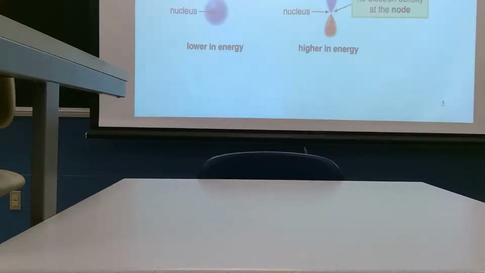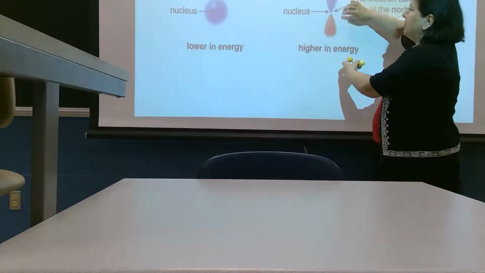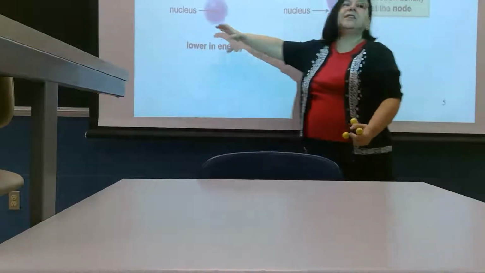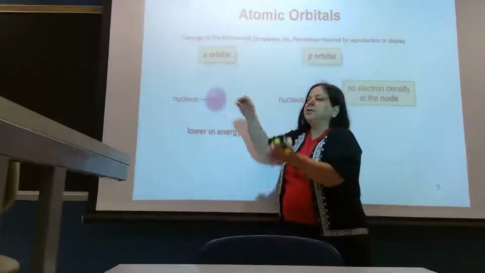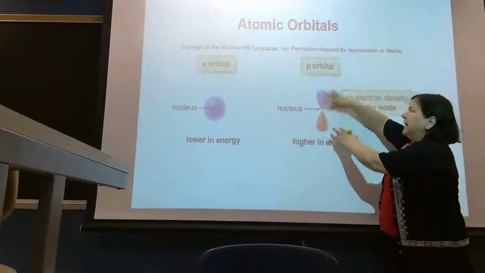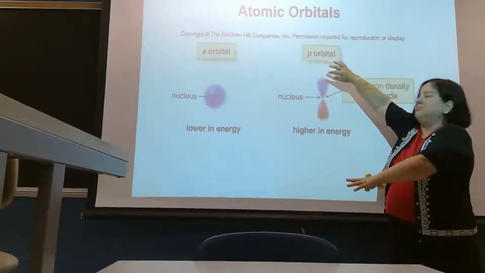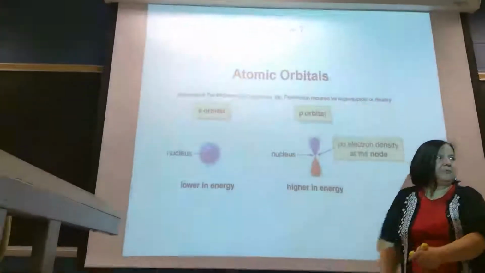In the p orbital, the electrons are farther away from the nucleus. So the s orbital is lower energy, more stable, because the electrons are closer, tightly held. And here electrons are farther away, so it will be less stable, higher energy.